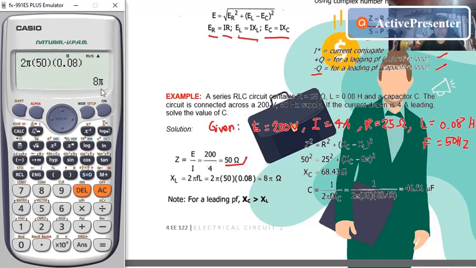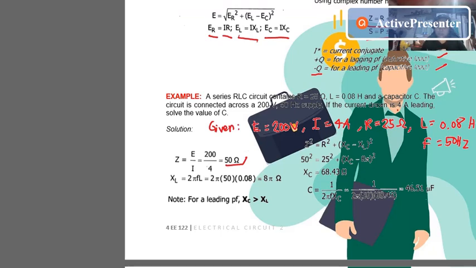It is better to use 8 pi so that it is easier to carry in all the values. Therefore, for a leading power factor, since our current is leading, our XC is greater than XL. So we expect our XC to be larger than the 8 pi ohm XL.